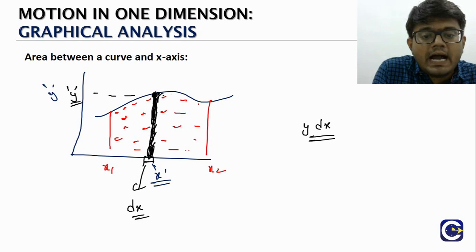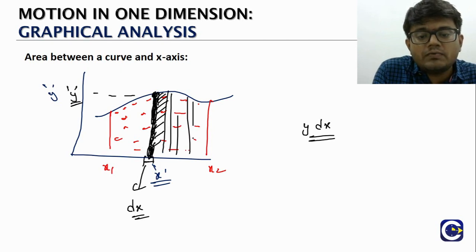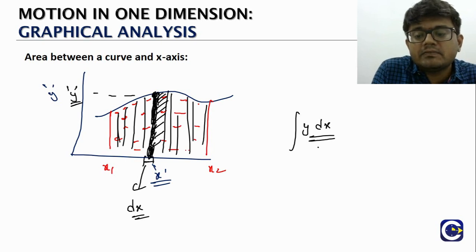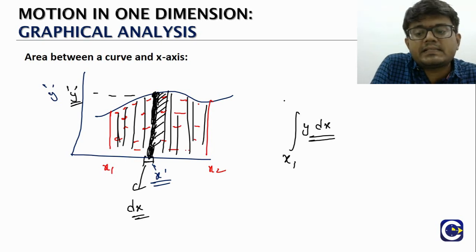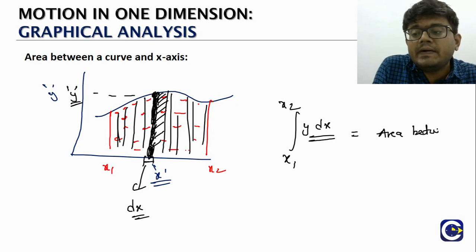If you try to add up all these rectangles, so mathematically what we will have to say? We will have to say that we have to integrate it. If you add up all these, we have to integrate it between the limits x1 to x2. That integration is going to give us what? The area between the curve and the x-axis.